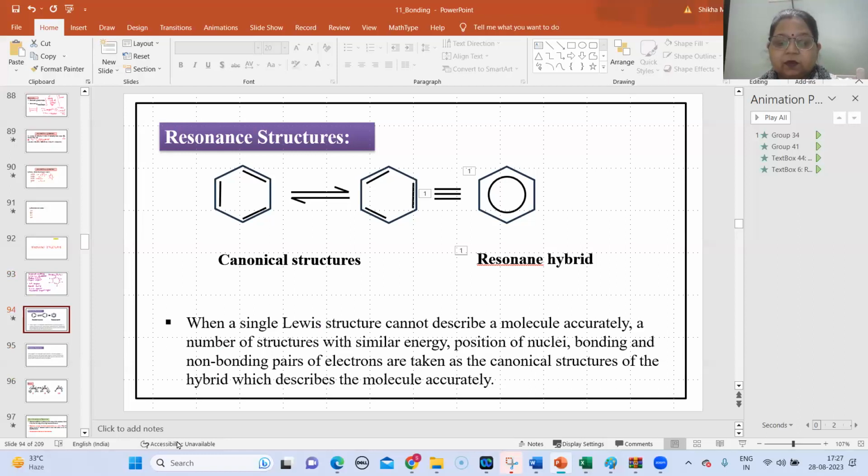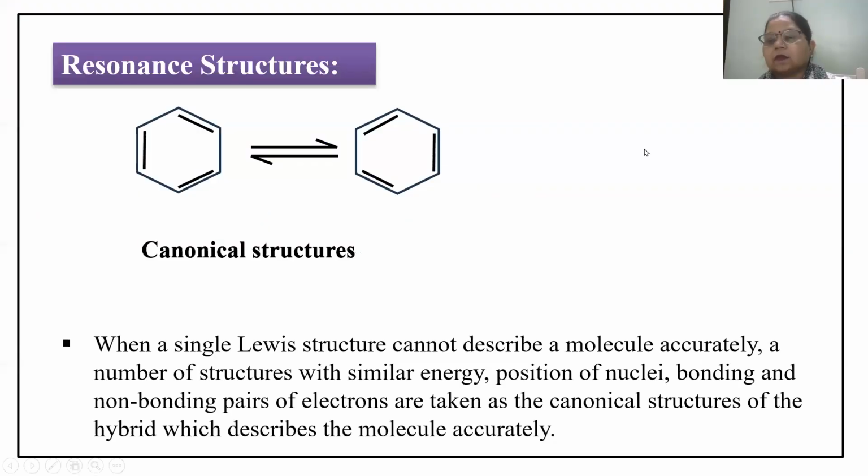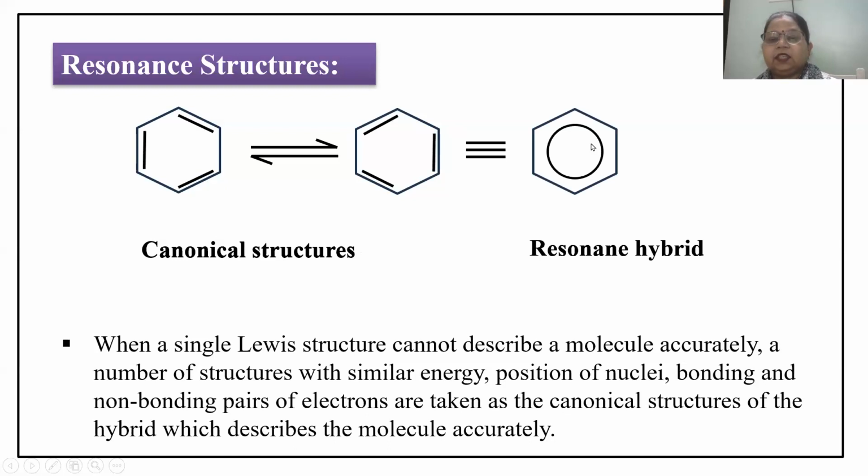What scientists did was, they said that the real structure of benzene is not any one of them, right? They said we can draw benzene in the structures as shown on the screen. There, I have shown you 2 structures of benzene in which the double bonds between carbon atoms are at different positions.